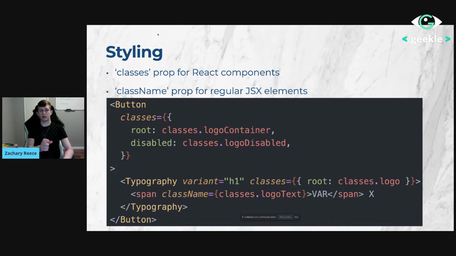So that class, the classes.logoDisabled, will only be applied if that button has the disabled prop of true. So you can see how they give us the really powerful ability to apply certain styles, not just to the component, but also to the component in certain states. So that really enables some powerful functionality and flexibility with our styles.